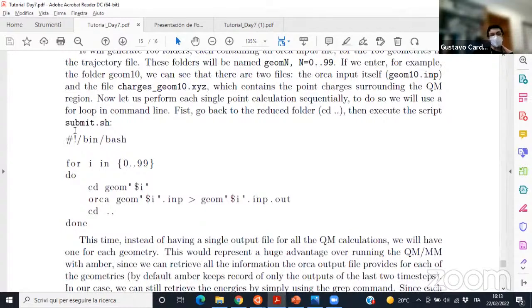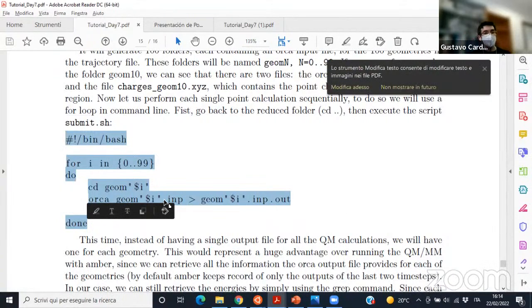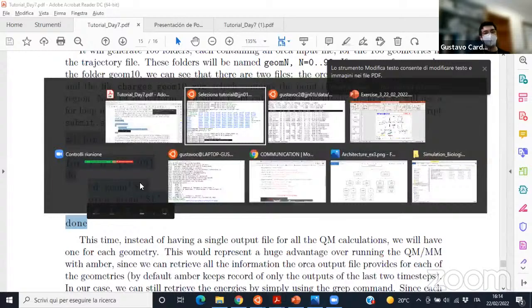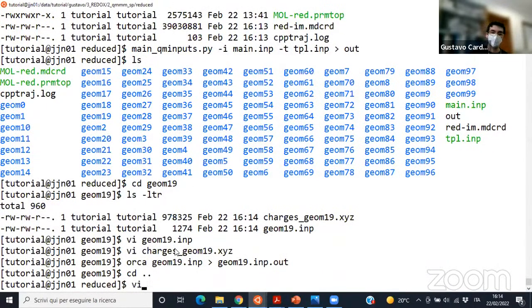This is a bash script which is called submit.sh. I'm sorry I didn't put it in the GitHub. I think we can just copy and paste it, hopefully. Otherwise, I'll write it from scratch. It's not a problem. So we can submit in sequence all the calculations from the reduced folder.